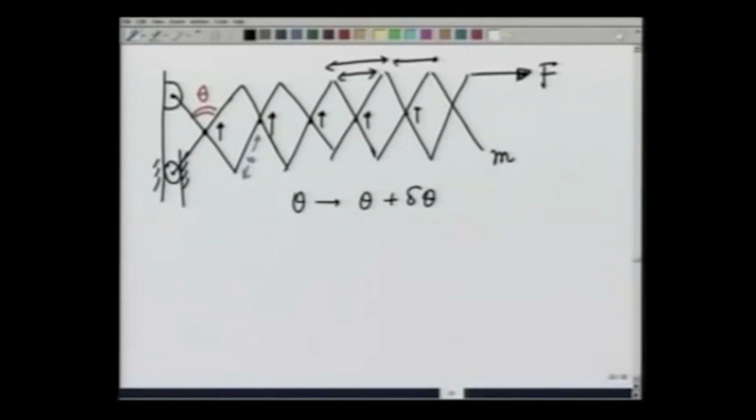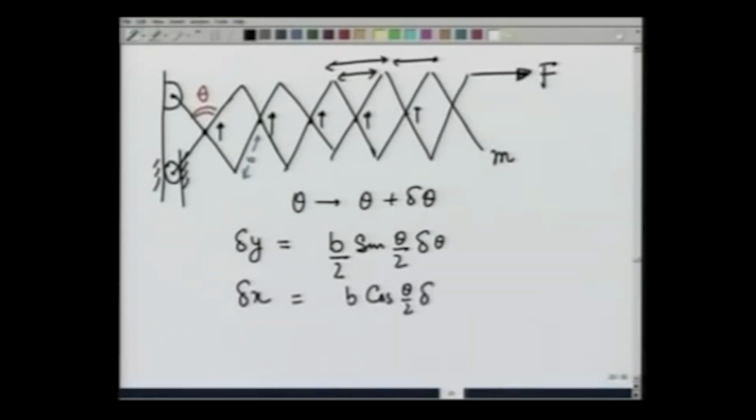We have already calculated that delta y for each point is equal to b/2 sine of theta by 2 delta theta, and delta x for each of these gaps opens up by b cosine of theta by 2 delta theta. So if there are n such links, delta x for n is going to be n times as much, n times b. Delta y for each joint is going to remain the same.